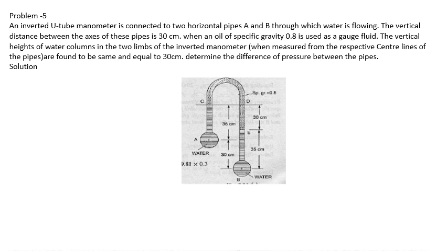The U-tube is filled with the fluid of specific gravity 0.8, and the vertical height of water column in the two limbs of inverted manometer, when measured from the respective center line of the pipes, is the same, 3 centimeter. So actually this height is taken as 3 centimeter. So determine the difference of pressure between the pipes.